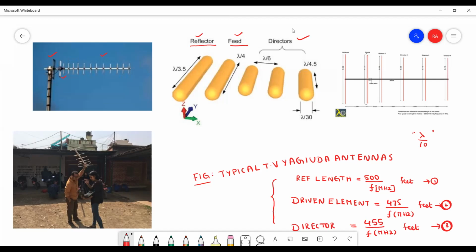So reflectors, driven elements, directors: these are the practical important values for our end examinations.